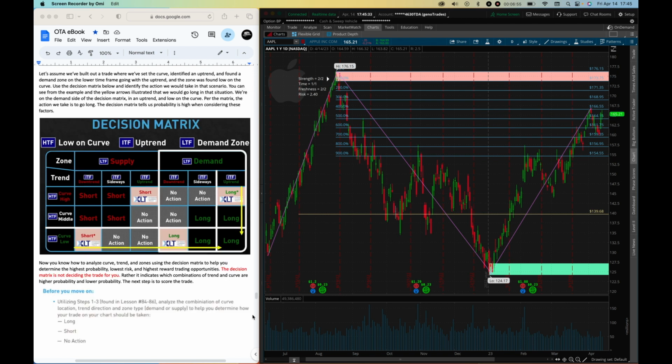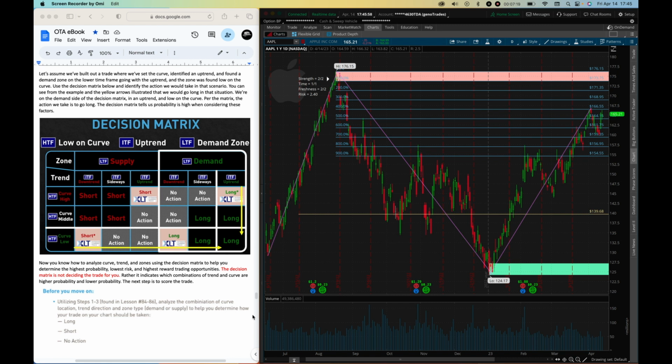Let's assume we've built out a trade where we've set the curve, identified an uptrend, and found a demand zone on the lower time frame going with the uptrend, and the zone was found low on the curve. Use the decision matrix there in the left-hand side of the screen and identify the action we would take in that scenario.